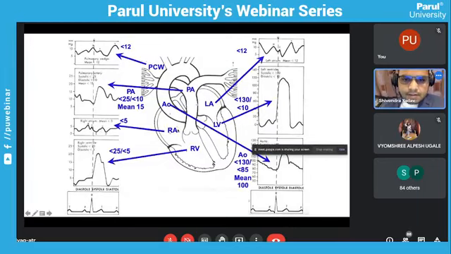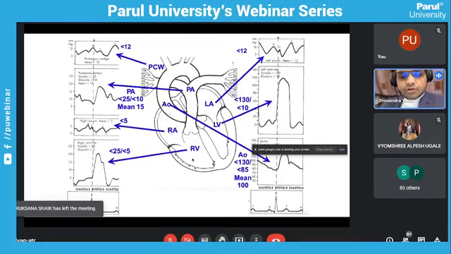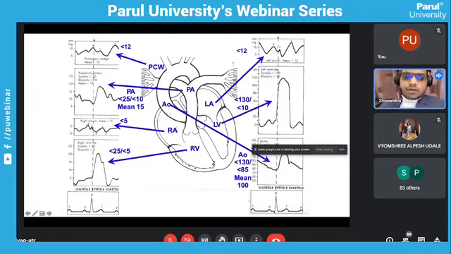The mean pressure in the right atrium is very similar to the diastolic pressure of the RV. Okay. Now, this is very important to understand. The mean pressure of the right atrium is very similar to the diastolic pressure of the right ventricle. Same goes for the mean pressure of the left atrium, which is very similar to the diastolic pressure of the left ventricle. Now you will ask me why it has to be very similar.